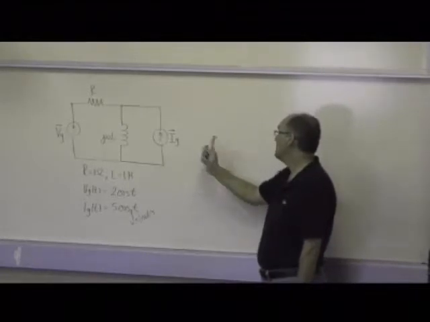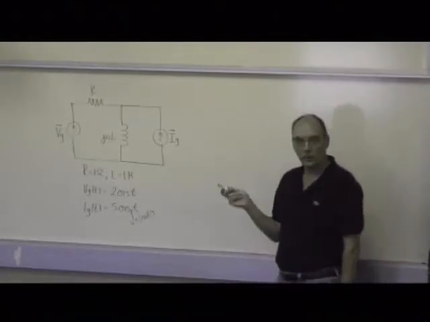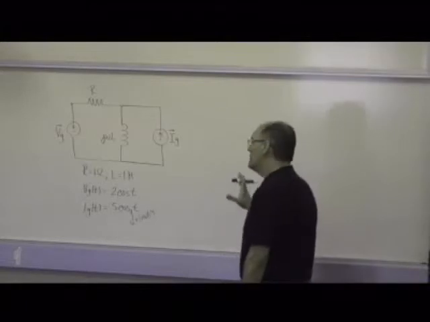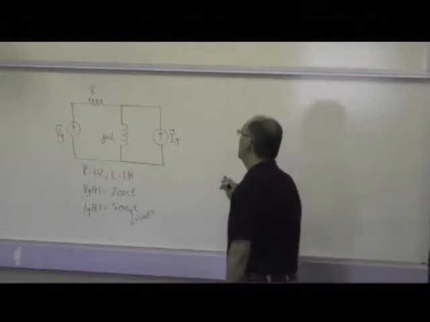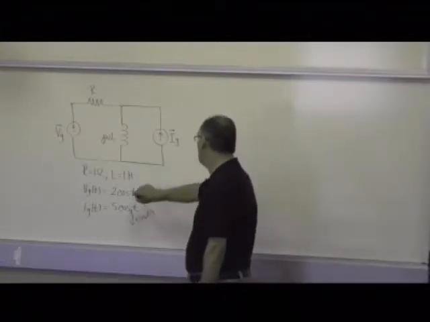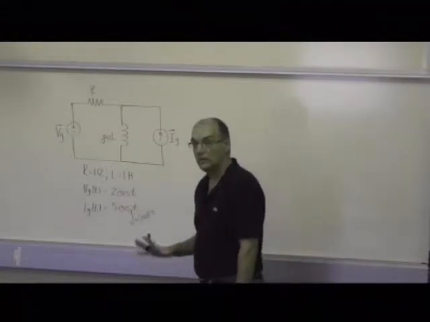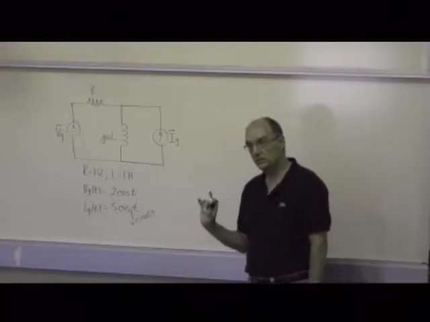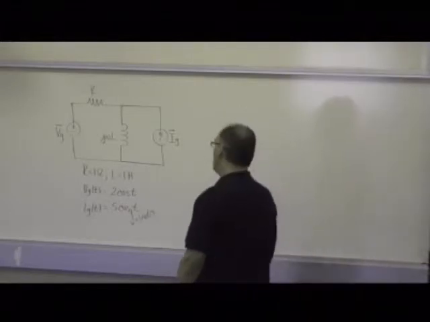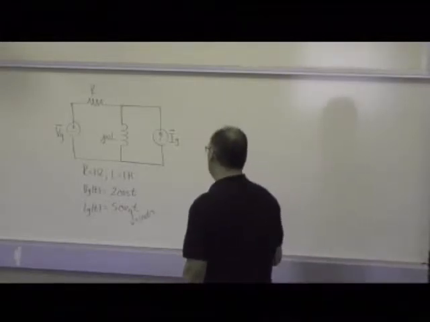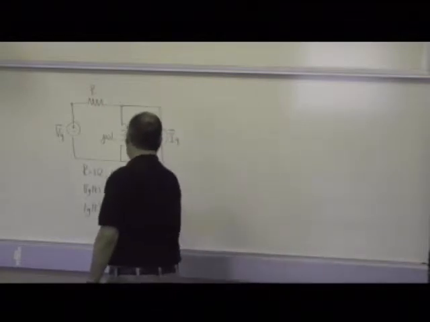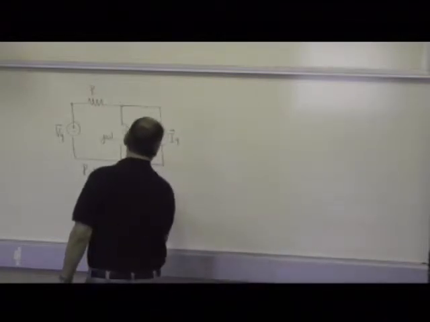Well, this is the part where I'm going to call upon your memories from ELEN 50. When you're given sinusoidal quantities like Vg of t and Ig of t, you can always uniquely associate a complex number with them, which we refer to as a phasor. And you do that by creating the following.